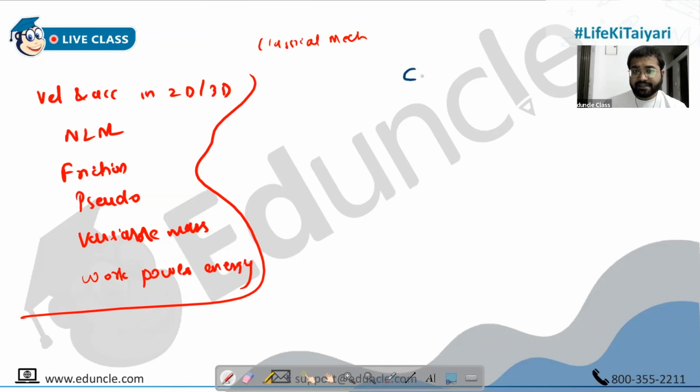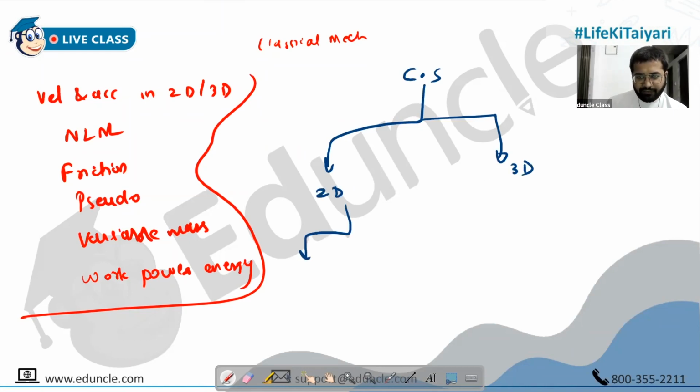our coordinate systems, we obviously divide them, if you remember, in 2D and then in 3D. In 2D, we have got one is Cartesian, about which we are least worried because that's our favorite. Okay, XY. Another is polar. This is where the things get a bit more interesting, r and theta.